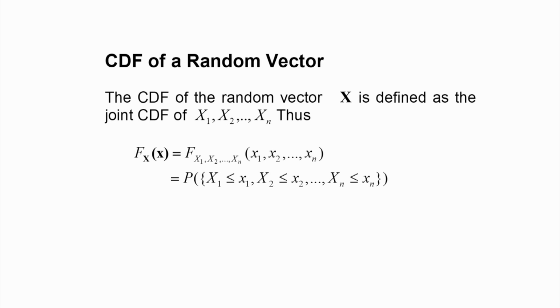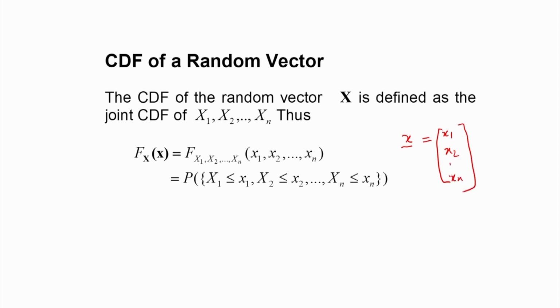The CDF of the random vector x is defined as the joint CDF of the set of random variables x 1, x 2 up to x n. Thus, this is the notation, F x at the point x, where x is my point, equal to x 1, x 2 up to x n.